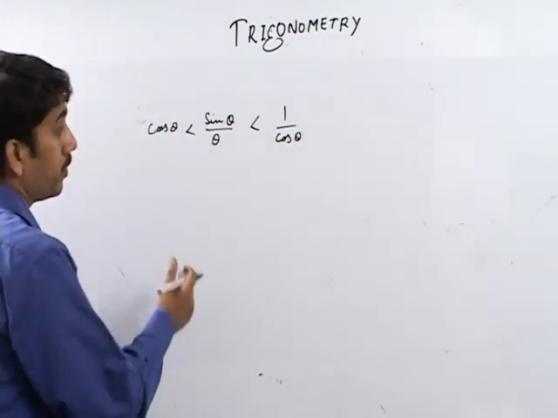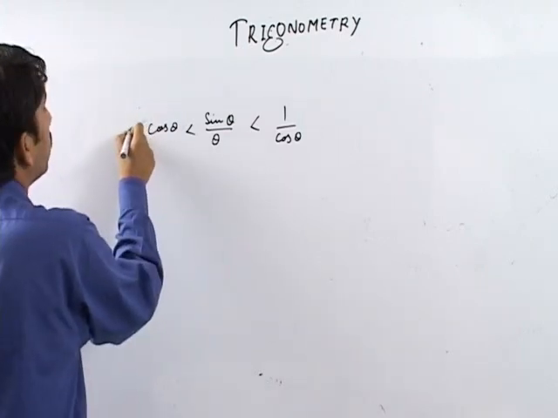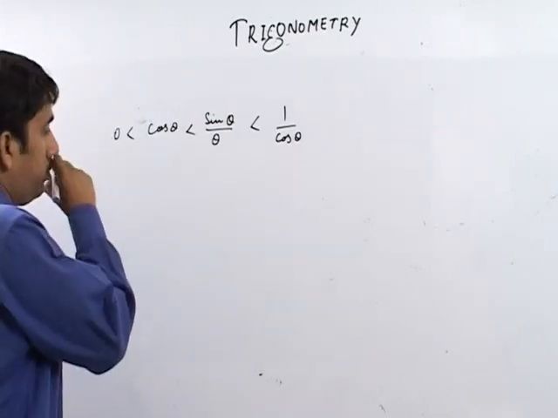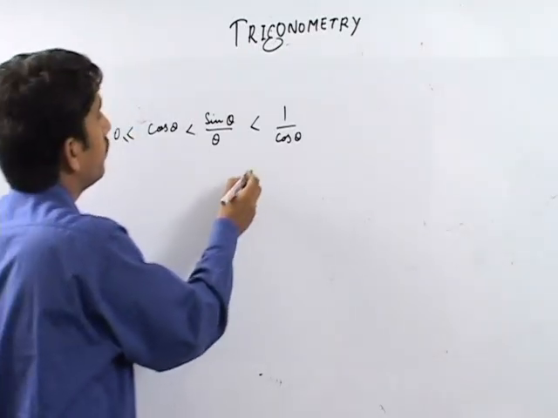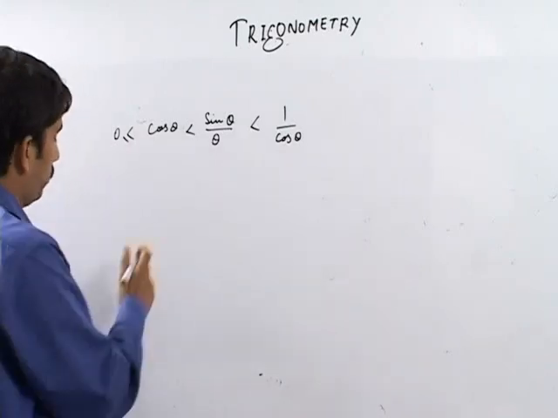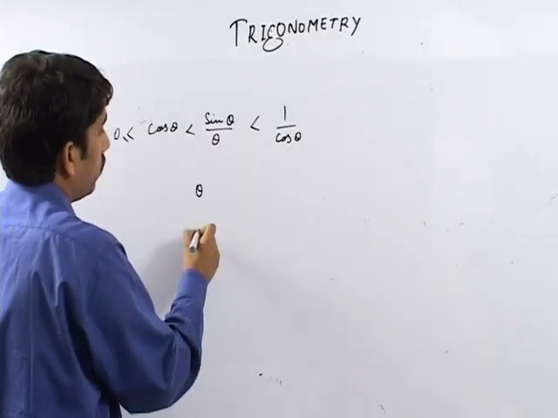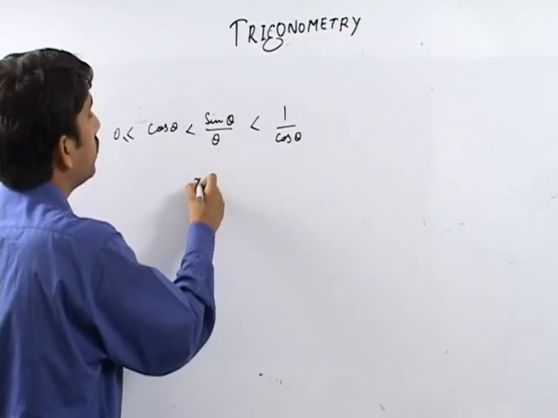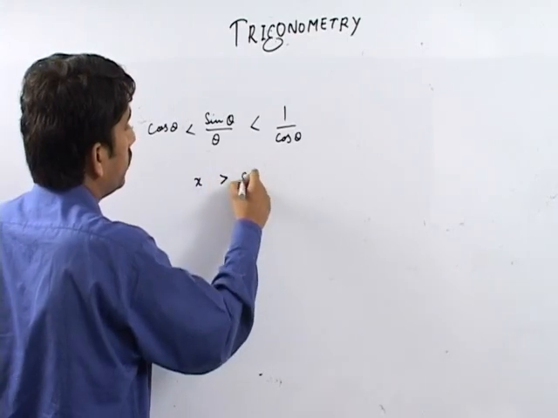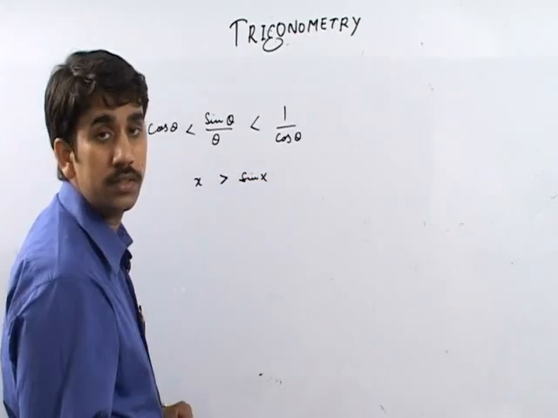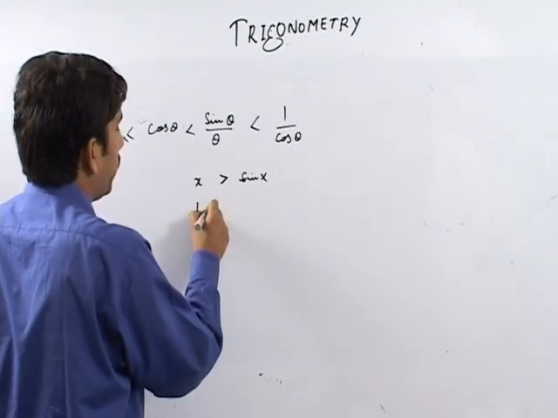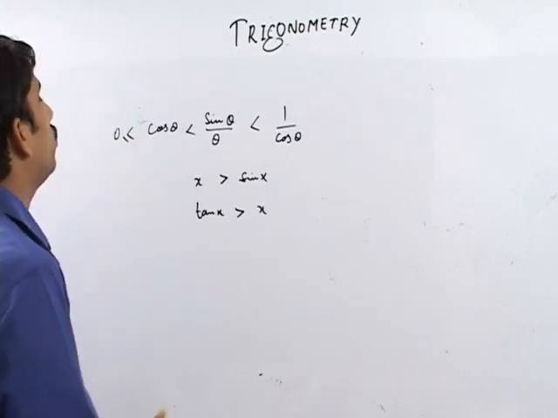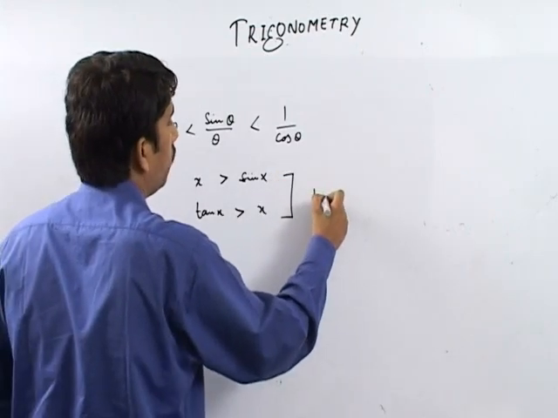Again, this is in the first quadrant, where theta is greater than or equal to 0. Now if you are taking the angle in radians, then x is always greater than sin x, and tan x is always greater than x. These are two very important formulas.